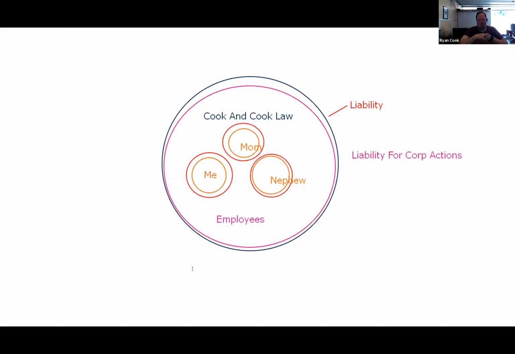So that is an LLP, a limited liability partnership, and it can only be certain firms, and that's the other thing. Remember what an LLC can be? It can be anybody, right? Anybody can make an LLC. A corporation can make an LLC. Individuals can make an LLC. Partners can make an LLC.